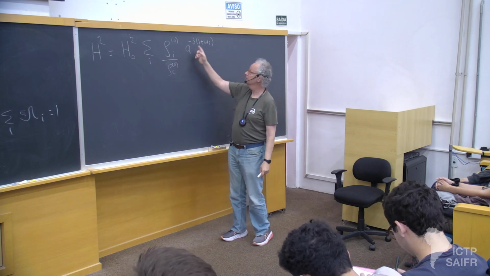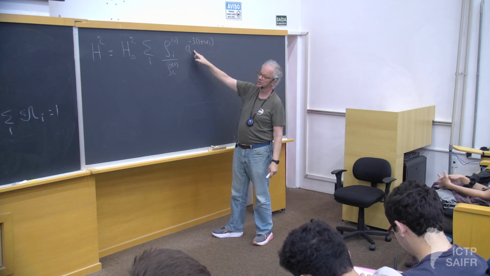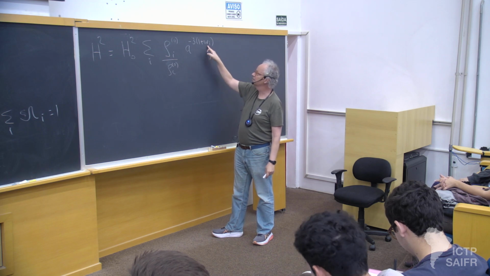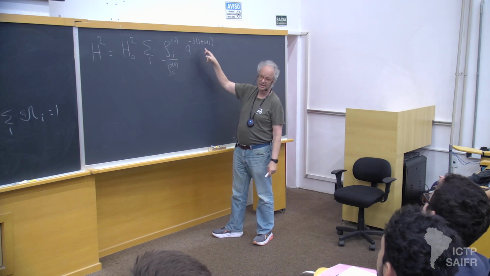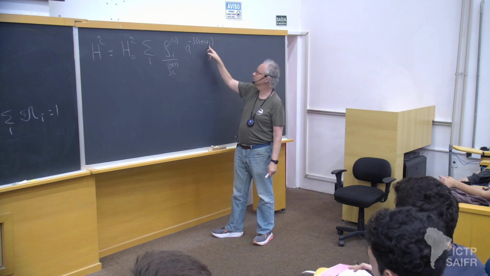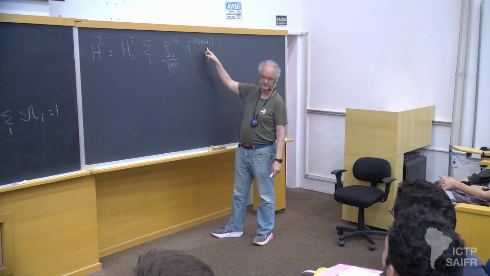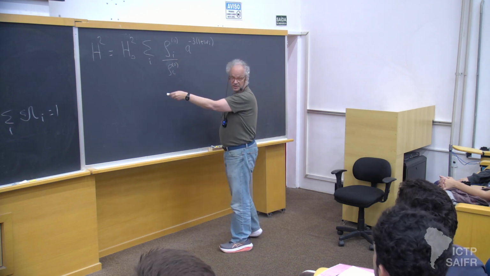For instance, non-relativistic matter, the equation of state is 0. It goes like a to the minus 3. Radiation, the equation of state is 1/3. It goes like a to the minus 4. And the cosmological constant, the equation of state is -1. It's a constant. Okay? And now this is the fraction at 0.